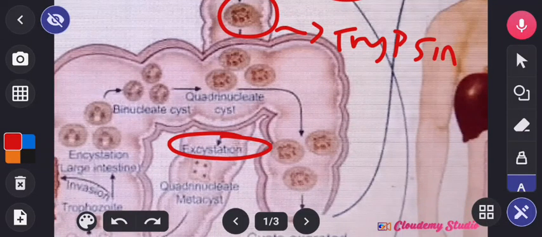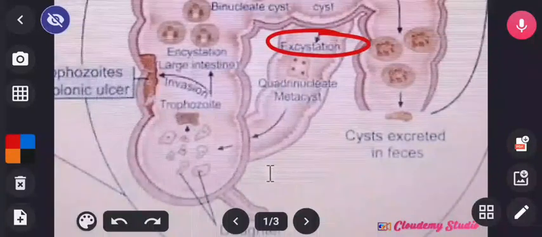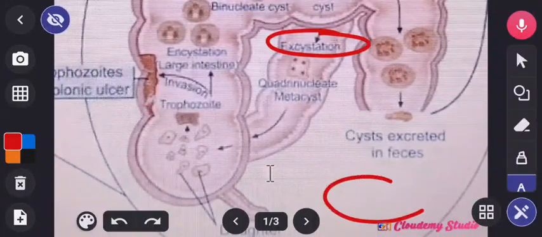As it is damaged by trypsin, excitation occurs. Excitation means the cytoplasm gets detached from the cyst wall, and amoeboid movement causing a tear in the cyst wall leads to the formation of a quadrinucleate amoeba, which is a metacyst.